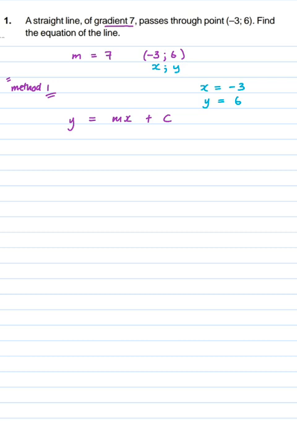So what we do now is find the value for c first. We use y is equal to mx plus c, where we substitute these values for x, y and m.